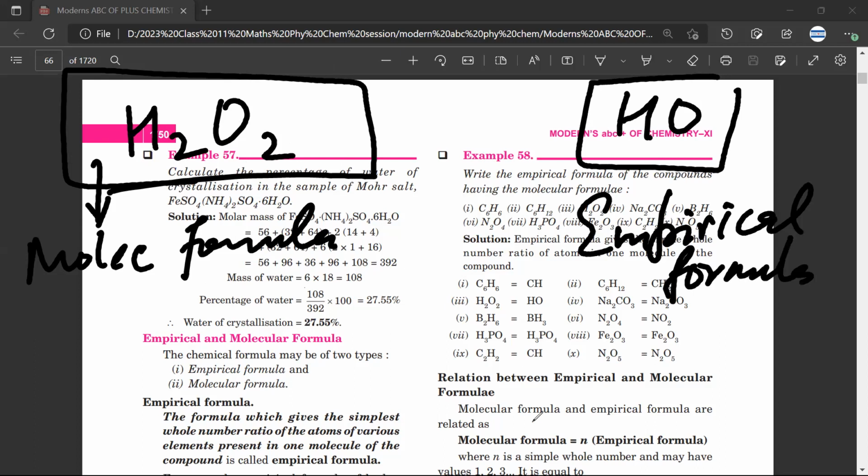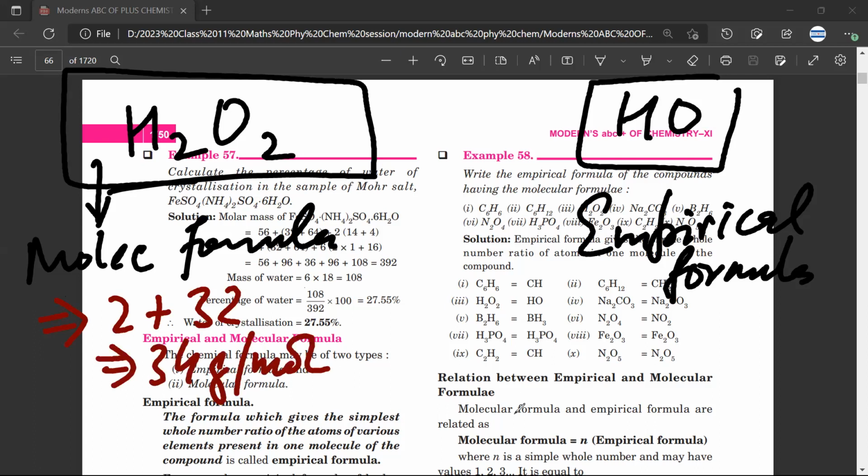The mass here is 2 plus 32 is equal to 34 gram per mole. But the mass here is 1 plus 16 is equal to 17 gram per mole.